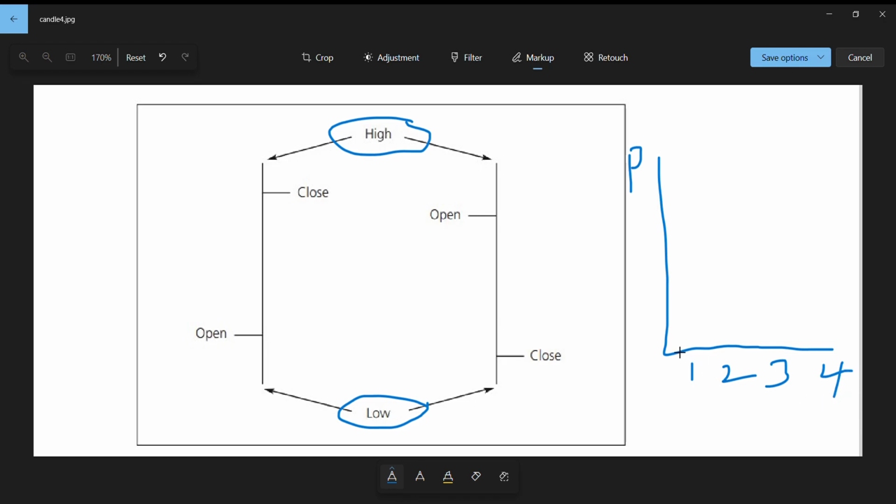If the initial point is here, which is 0, take note, such that the price increases from 1 to 2 to 3 to 4, and so on.